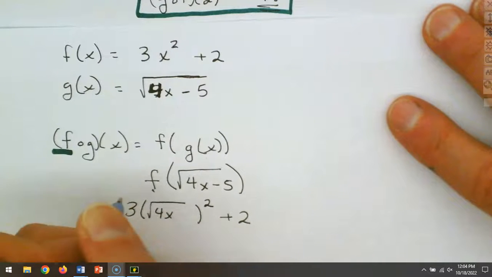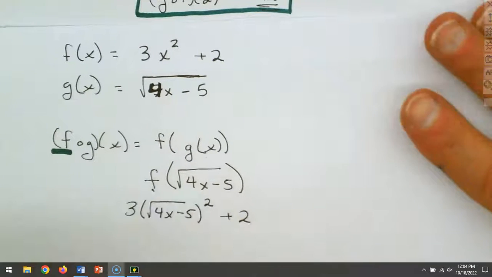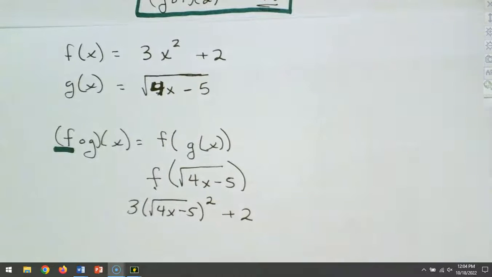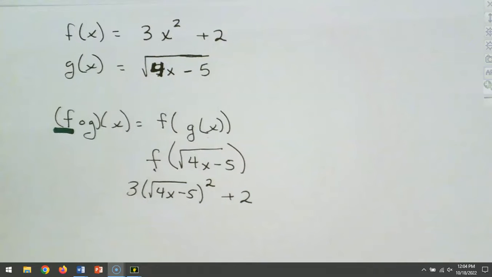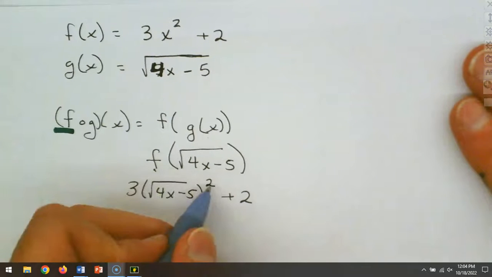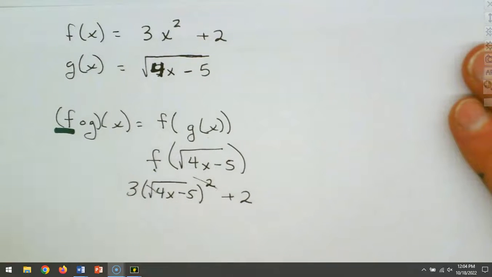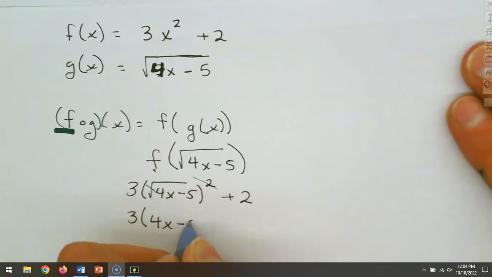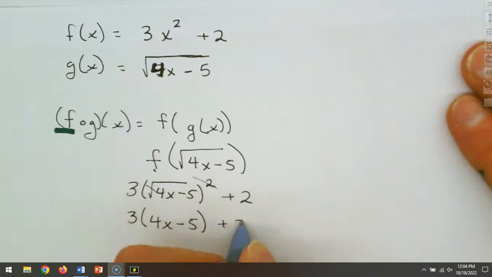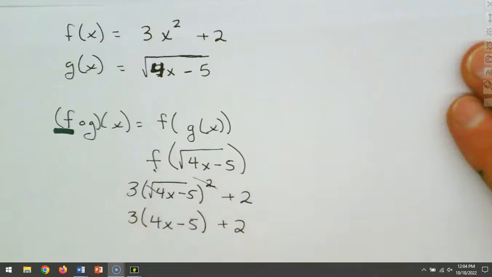Yep, square root of 4x minus the 5, right? Now, what do we know about a square and a square root? What happens when I square a square root? Okay, so this square and that square root are going to cancel. So now we're left with 3 times 4x minus 5, right, plus 2, because the square and square root cancel each other out.